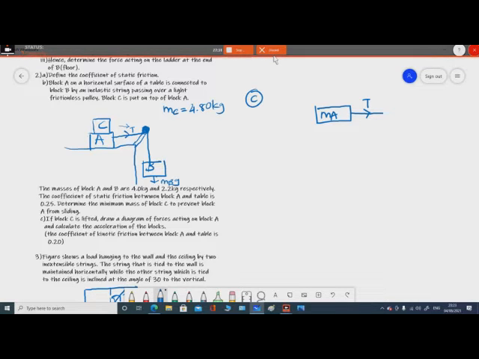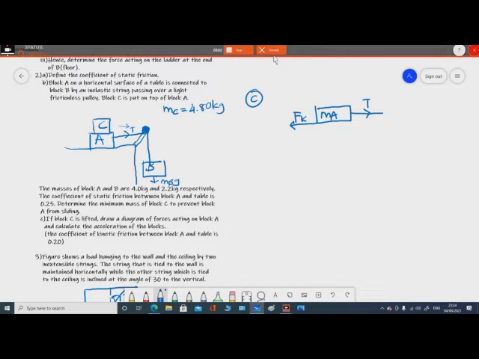This tension comes from block B. There is also a friction between block A and the floor, which is kinetic friction.